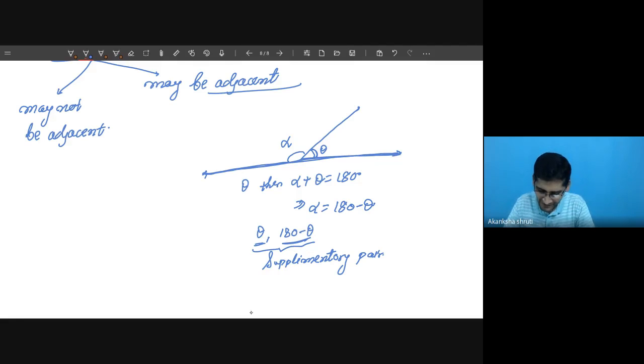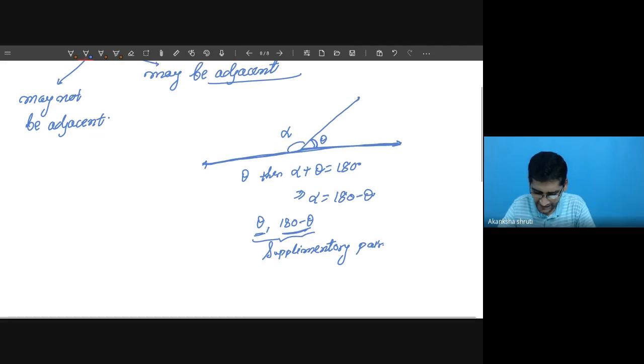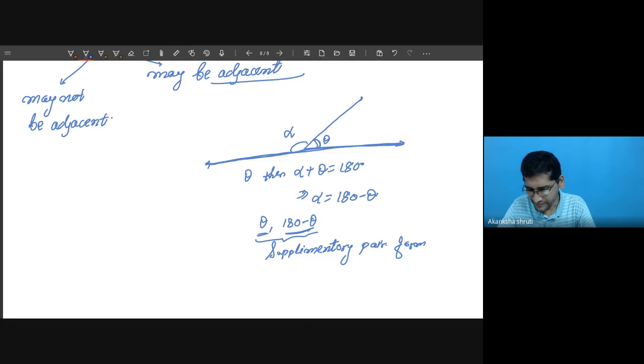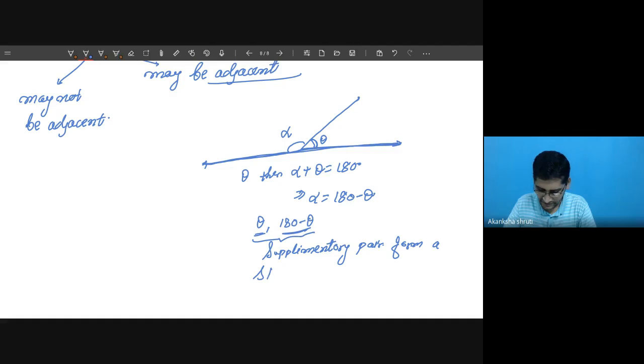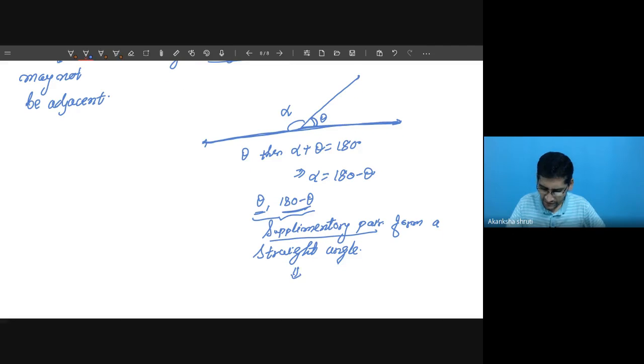The supplementary angles form a straight line or a straight angle. Such a supplementary pair which forms a straight line is given a special name called a linear pair.